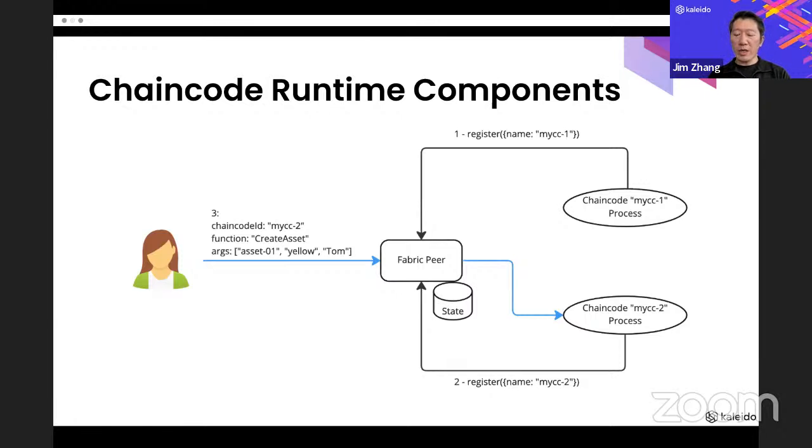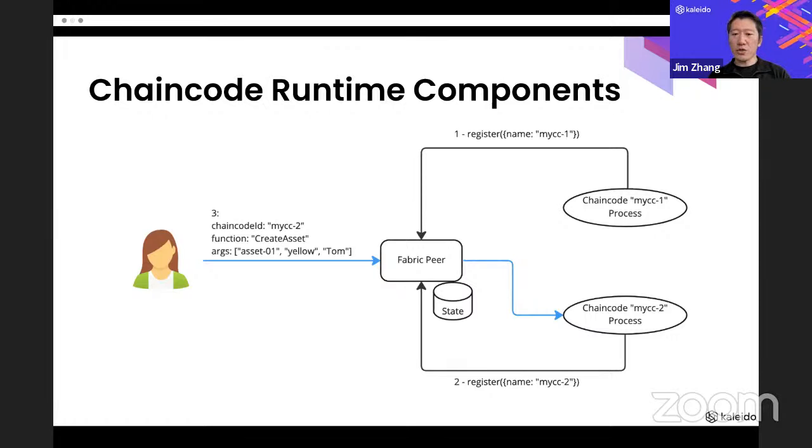When it's deployed, it's told about the location of the peer. This is where the peer exists, the URL, host name and port. And these are the parameters you have to use when you communicate with the peer.